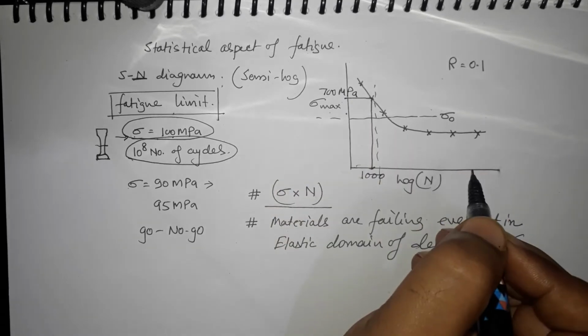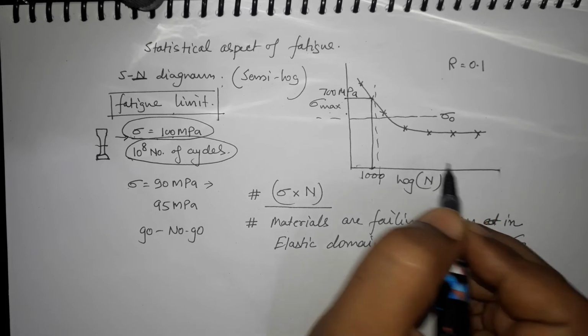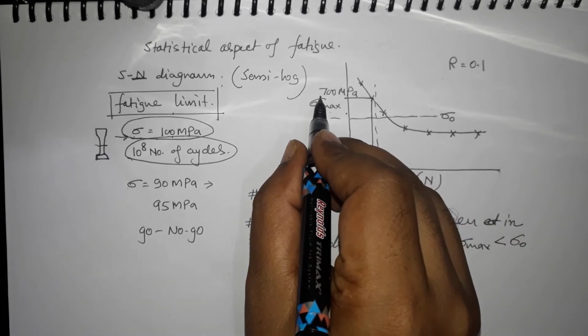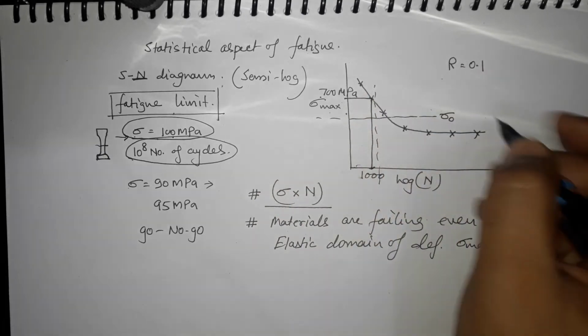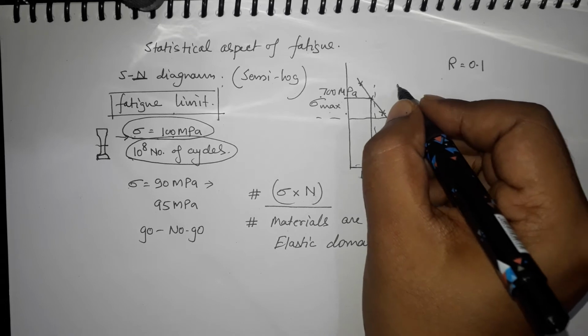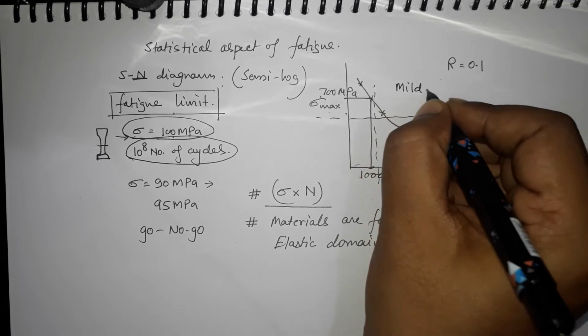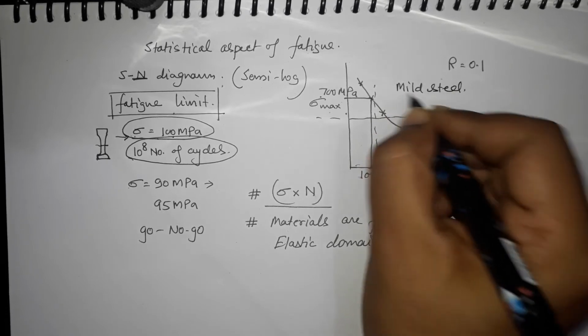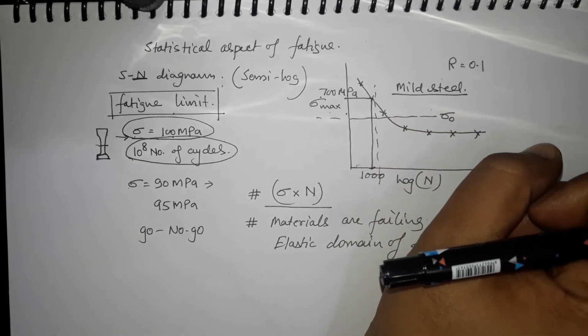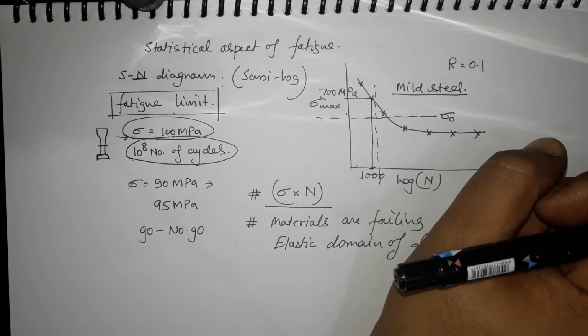Okay, so does it mean that when you apply a stress of 700, and let us say that this diagram belongs to mild steel, so you know the composition of this steel to a very accurate amount.